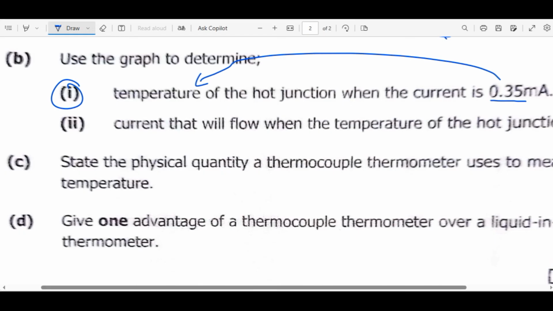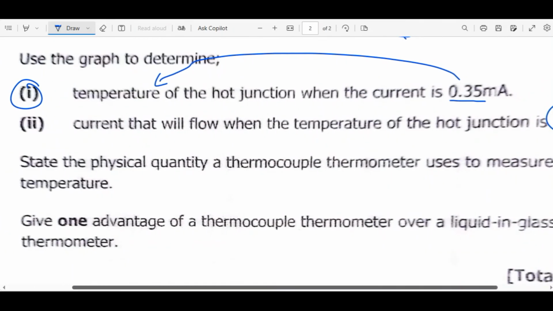So question C: state the physical quantity a thermocouple thermometer uses to measure temperature. So the thermocouple is an instrument, a thermometer that measures a very high temperature. Now, apart from that, the physical quantity that it uses is heat transfer.